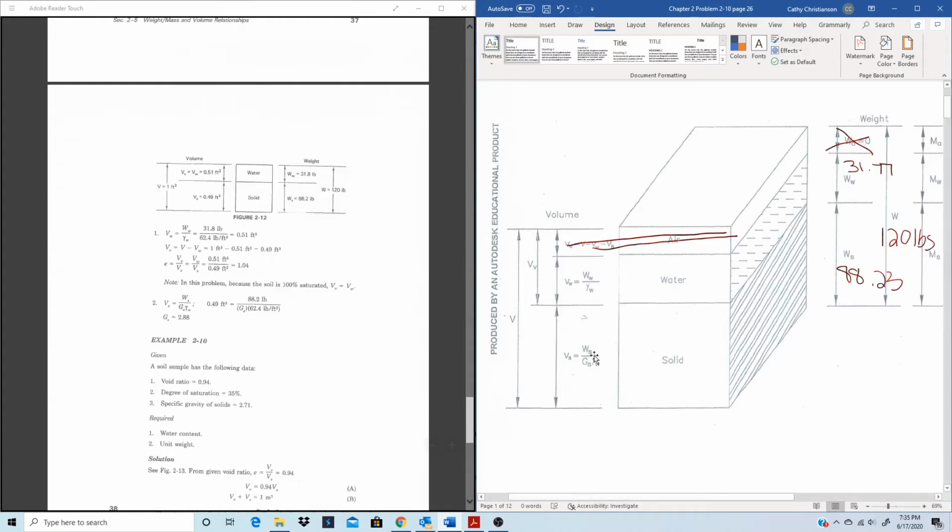So once we solve, alright, we're going to solve for the volume of the water.